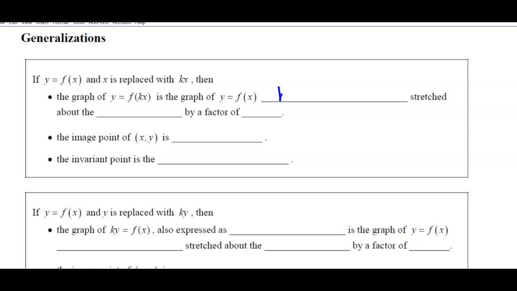So that's going to be horizontally stretched about the y-axis by a factor of 1 over k. Take the reciprocal, whether it's a fraction to start, whether it's a whole number. Alright, just take the reciprocal. So the image point then, if it's stretched by a factor of 1 over k, that's actually what you're doing. You're taking your original x value and multiplying by 1 over k.